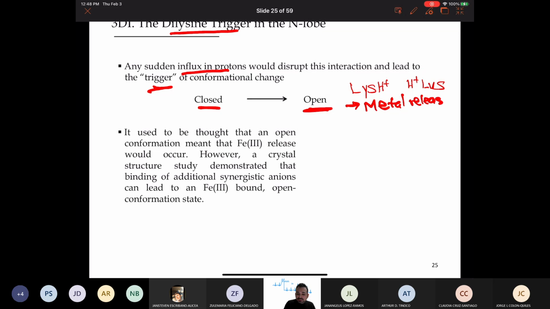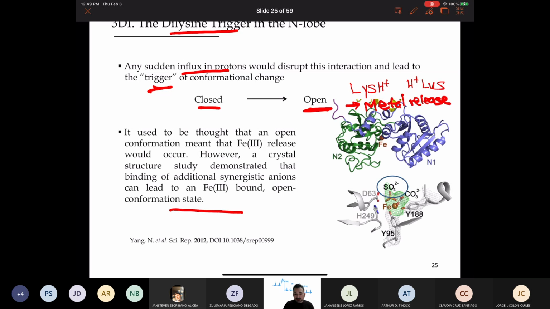Now I will say to you, this was a traditional model that people thought that as soon as you have an open conformation, you will not have any metal. But crystallography has been able to expose a lot more insight into metal coordinations, particularly iron. And so this was a structure that was obtained in 2012 that shows coordination to the two tyrosines.